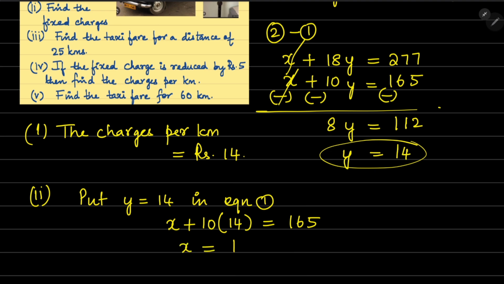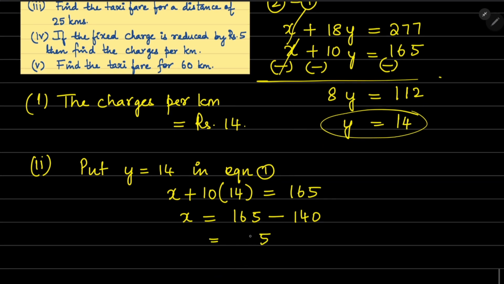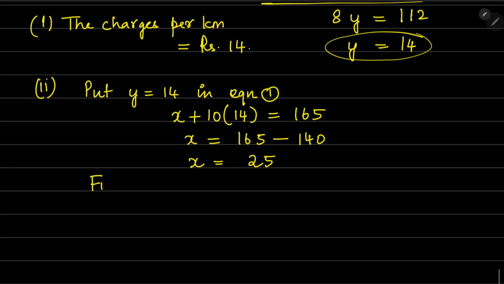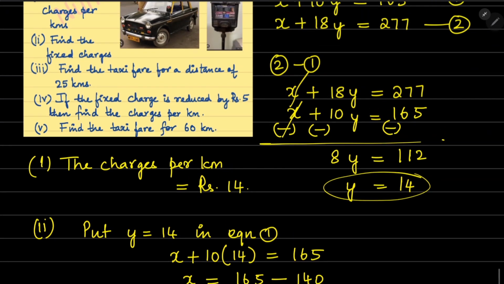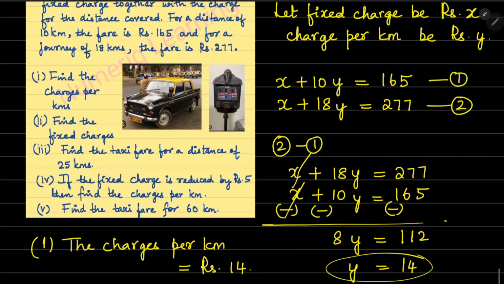So X equal to 165 minus 140. What do you get here? 25, right? So X is equal to 25. So the fixed charges are rupees 25. So we have solved the first two questions by solving this pair of linear equations.